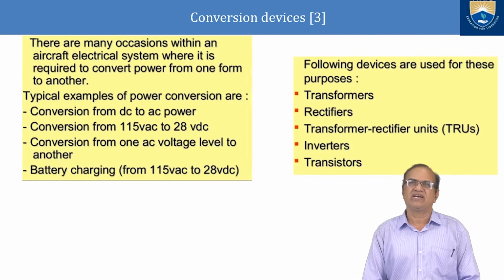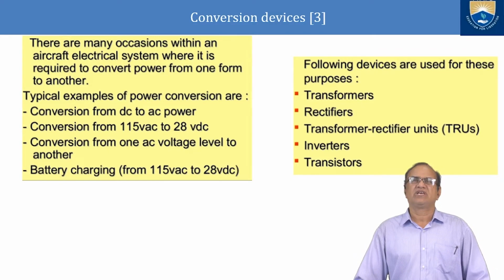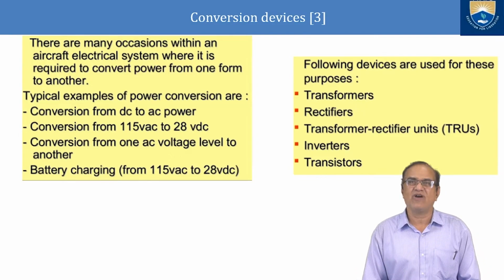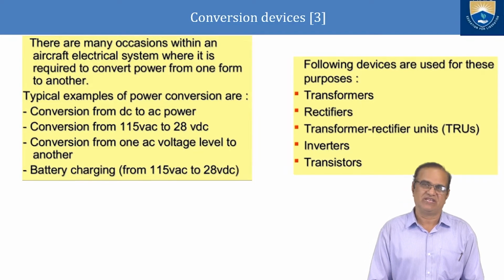Now next is the conversion devices. There are many occasions in an aircraft electrical system where it is required to convert power from one form to another, meaning AC to DC or DC to AC.